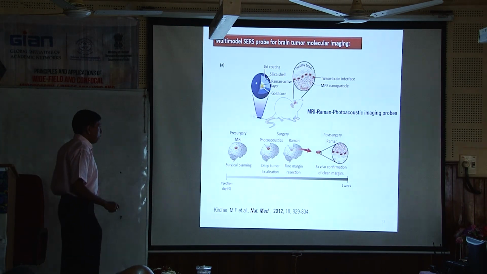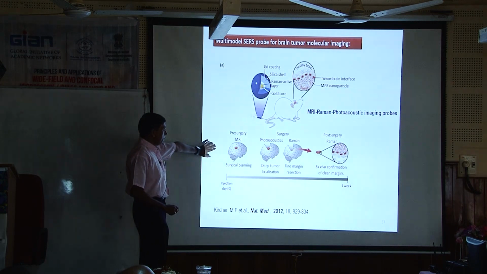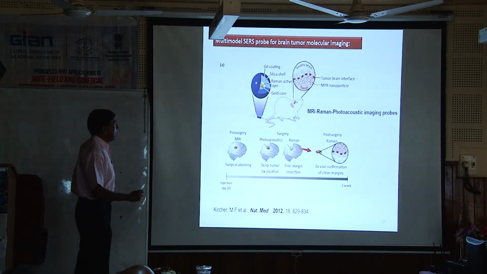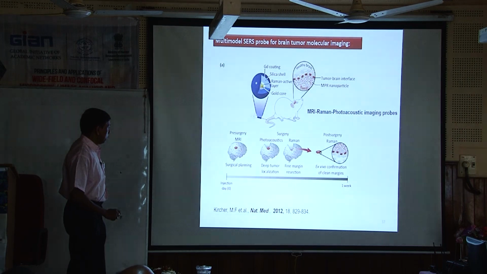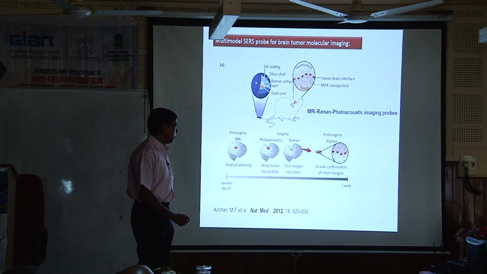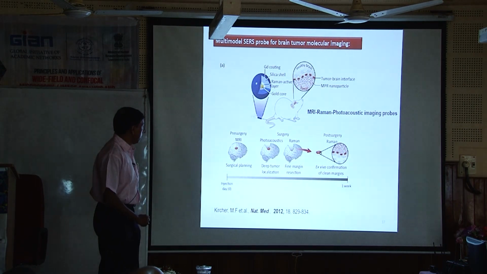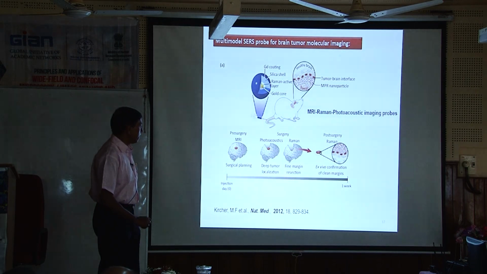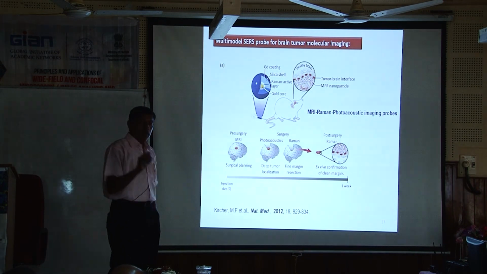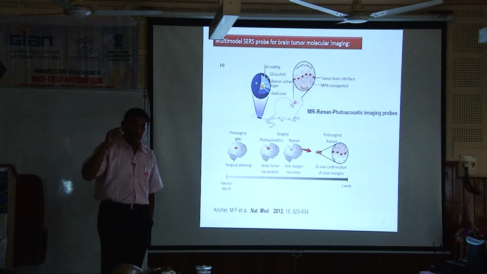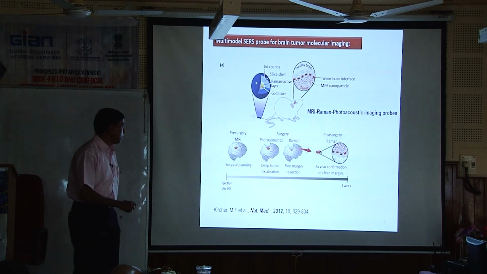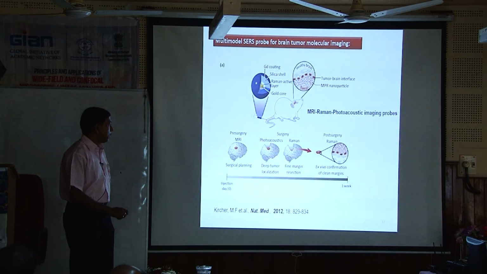In the pre-surgery mode, you incorporate the construct, which is a silica-coated gold nanoparticle with gadolinium incorporated on it. From pre-surgery to 1 week post surgery, you may find some micron-sized tumor you can locate, and that can help the progression of the surgery, and that can be easily translated.